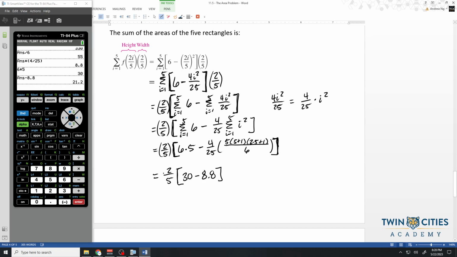So this is 21.2 times 2/5. So the area is roughly 8.48 square units.